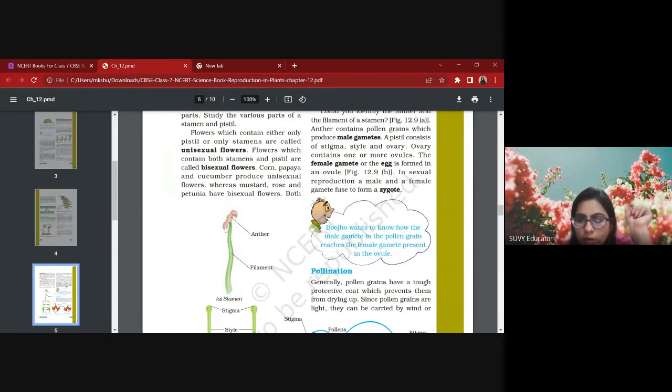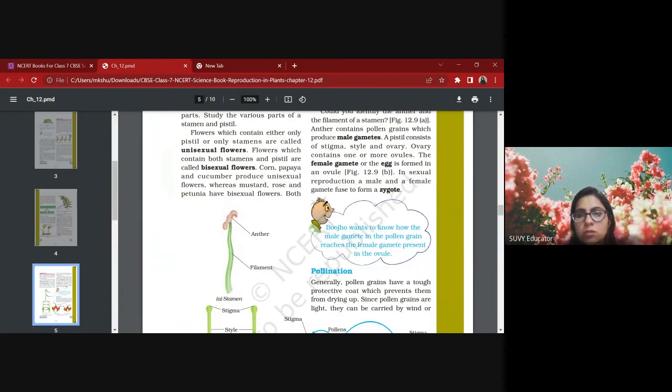That is the pollen grain, and it is present not only in the hibiscus but in every other plant. So the pollen grains are in the anther, and they will move through the filament. The filament is a pipe-like structure.